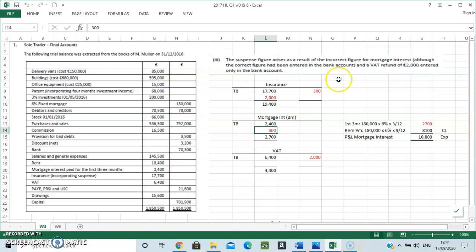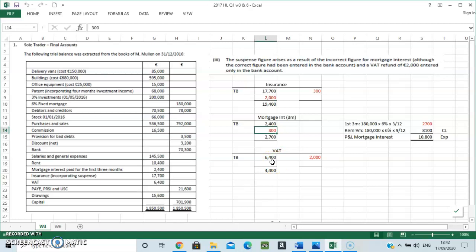So the question says a VAT refund of 2,000 has been entered only in the bank account. So they owe us 6,400, but actually now not recorded by us, they have actually paid up 2,000 of that 6,400. So does that go on the debit or the credit?